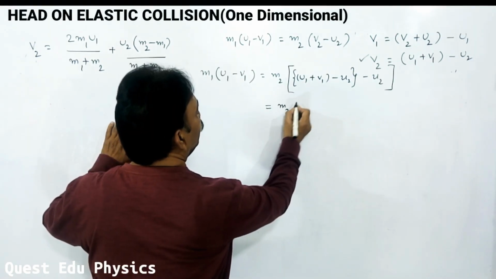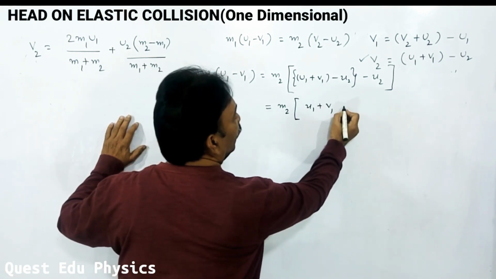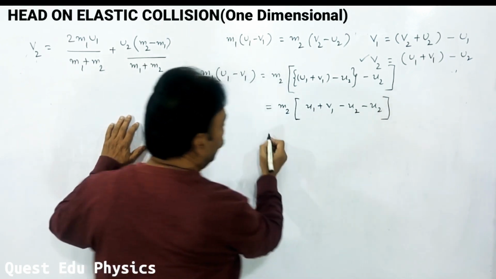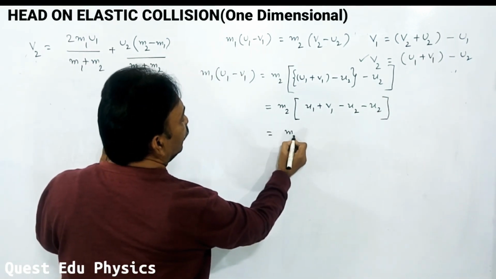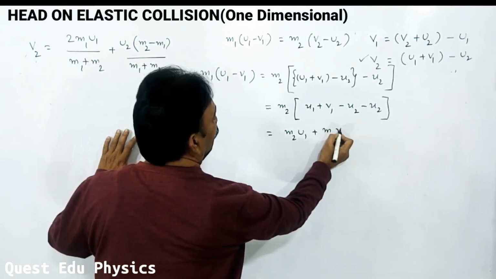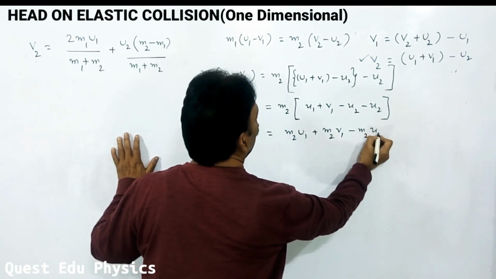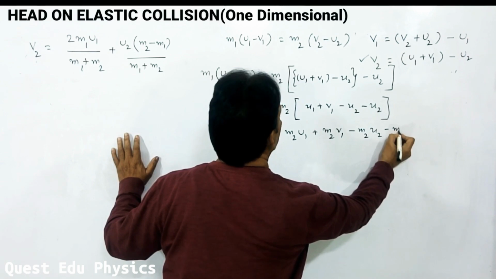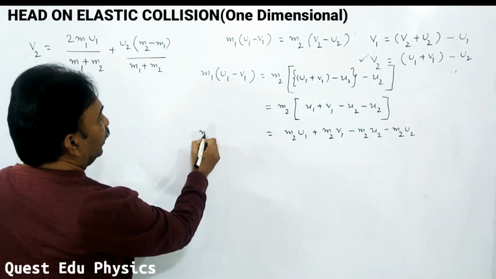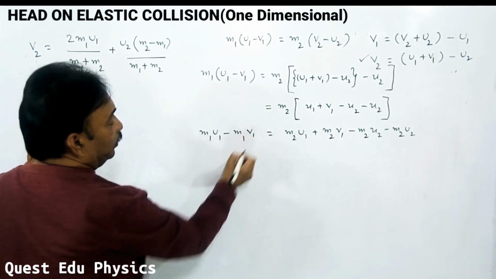It is m2 of u1 plus v1 minus u2 minus u2, which can also be written as m2 u1 plus m2 v1 minus m2 u2 minus m2 u2, and it is equal to m1 u1 minus m1 v1.